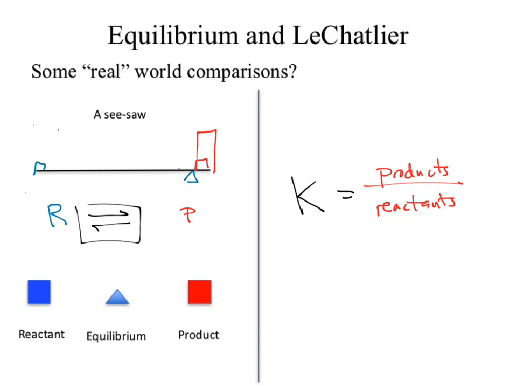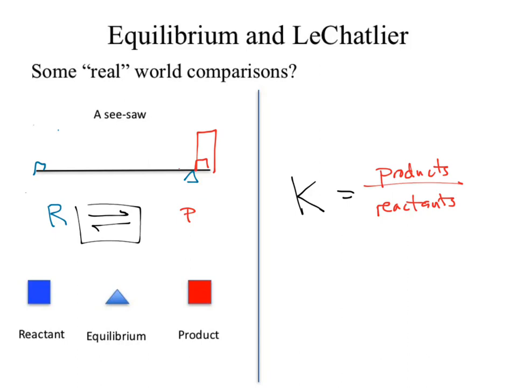I would expect a very large K value. So reactions that have large K values are good. Those are ones that we tend to favor, the ones that you tend to see in general chemistry. Every chemical reaction we've looked at this semester has a massive K value because it almost exclusively produces products.